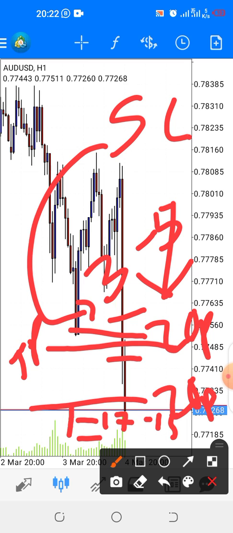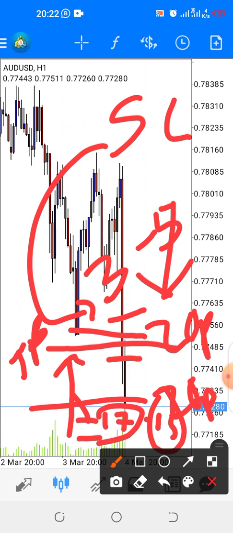Then if it continues to reach your final TP, whatever it will be, you are still in profit. When it decides to come back, you are knocked out with 17 or 15 pips profit. You are out.